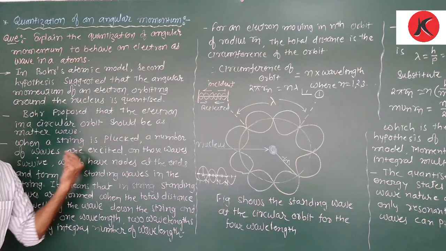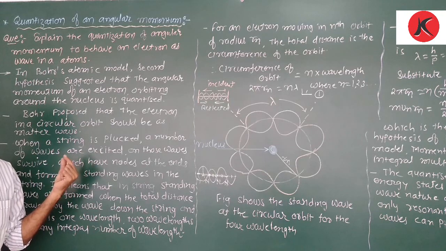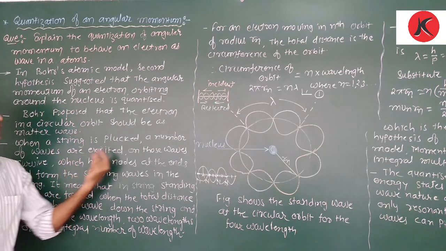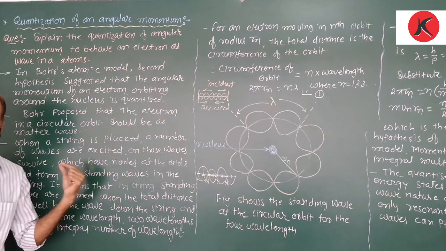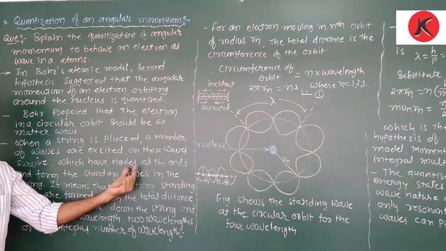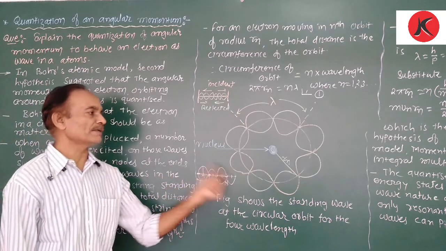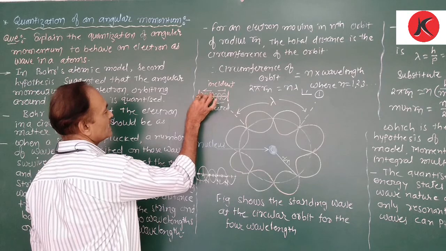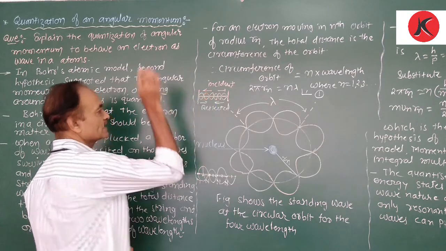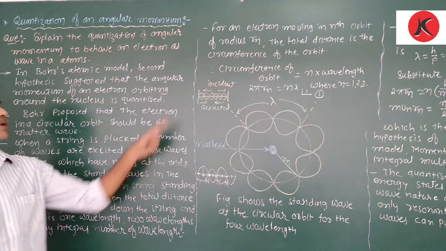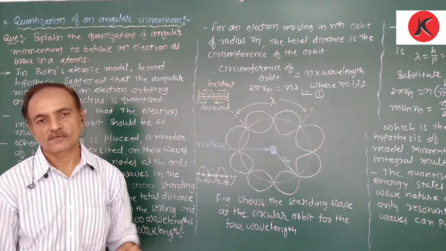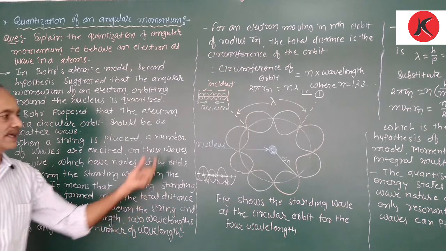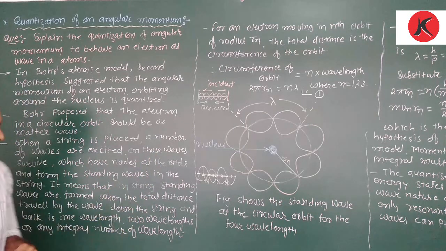As the disturbance is produced in a string, a number of waves are produced in the string. Out of these waves, only those waves are shown in the string which have a node at the end of the string. That means there is the end of a string. The waves whose nodes coincide with the ends of the string produce the stationary wave, while the other waves are totally absorbed by the rigid support.